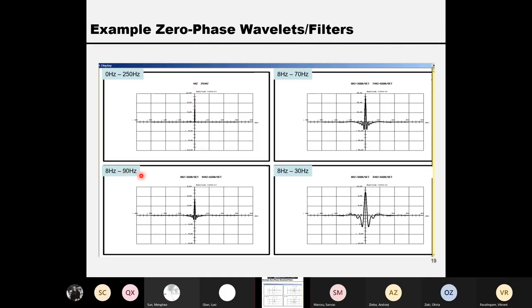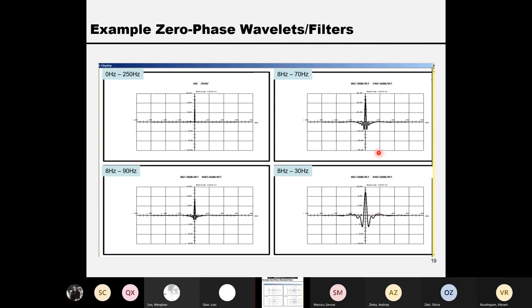When the band gradually gets smaller, you can see the spike gradually gets wider, fatter, and finally, practically maybe 8 Hertz to 30 Hertz, much wider.